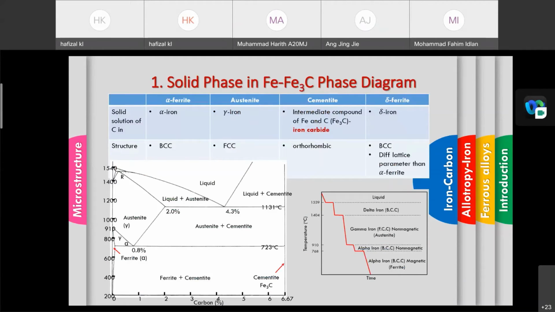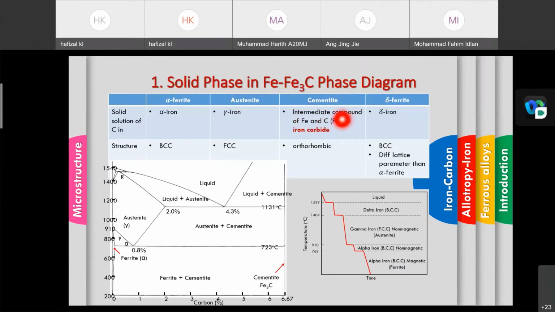So we will go one by one of the solid phase. Okay. For the solid phase, we have the region of the alpha ferrite. We have the gamma ferrite, which is austenite, and also the intermediate compound, which is the mixture of the iron and also carbon to be Fe3C.